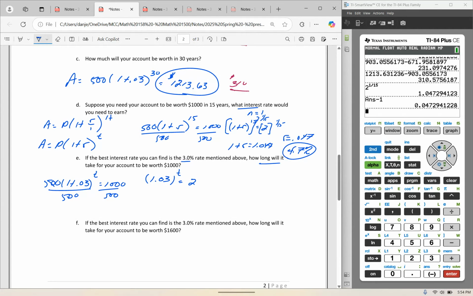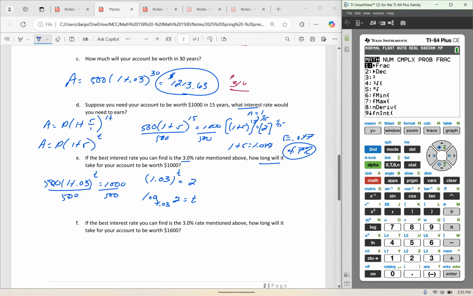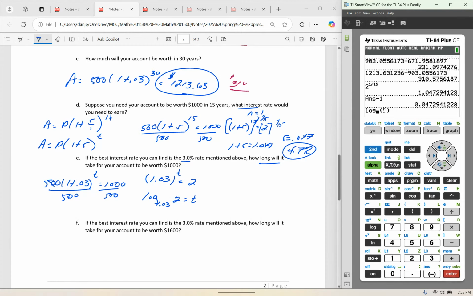Logarithms. Here's where I can use logarithms. And I'll do this with the log base, like we've done before. The base of the exponent is 1.03, so log base 1.03 of the 2 is equal to t. So now I can go to math, go down to log base.